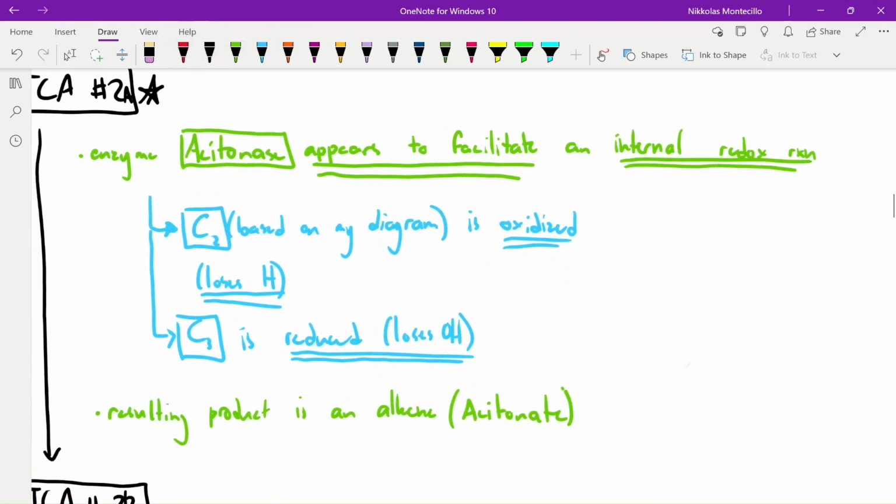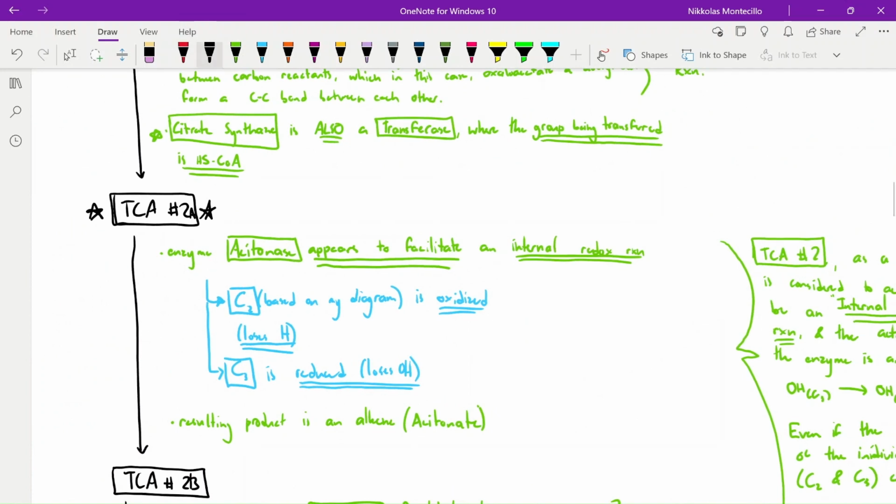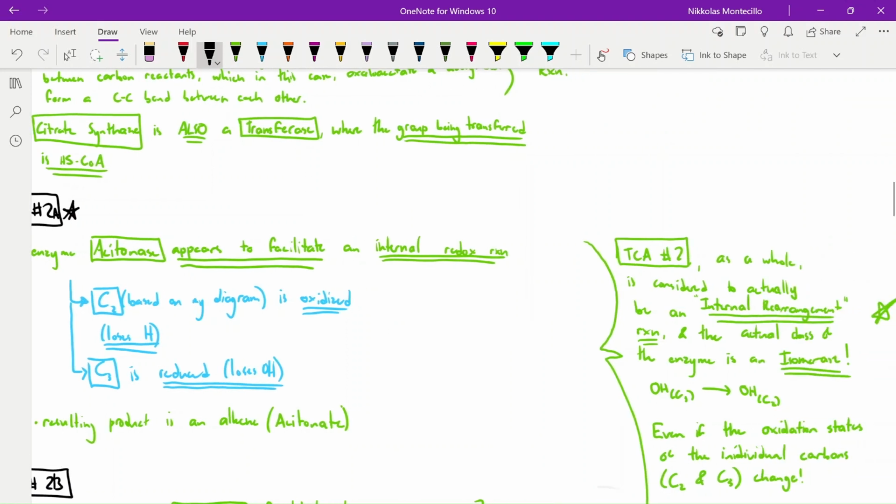But it isn't necessarily a redox reaction. That's why I said it appears to facilitate an internal redox reaction if we consider the rules that I described in redox reactions in the second video of this series.